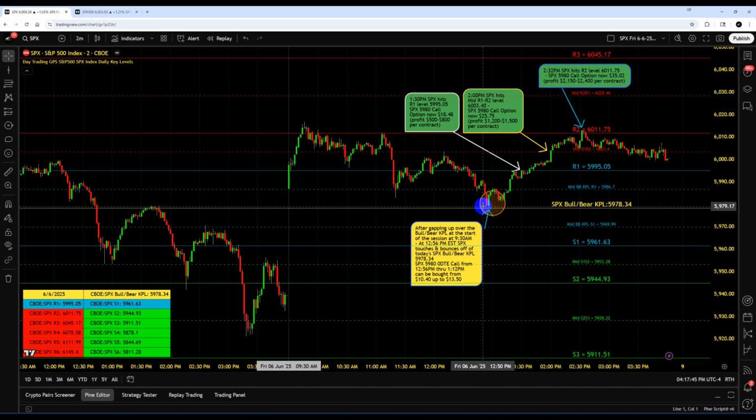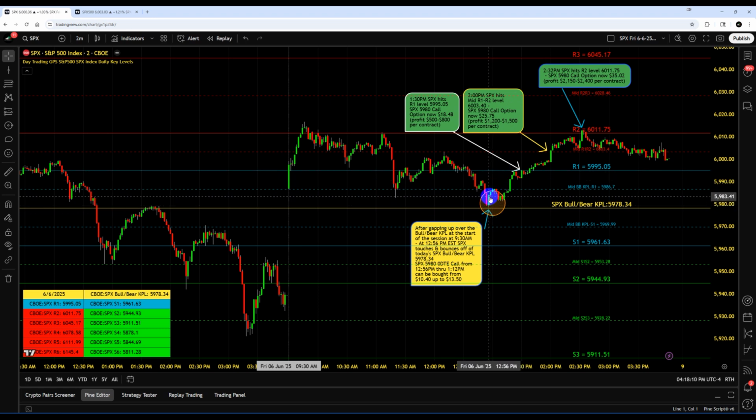So keep in mind that generally we're looking for at least one level move up before we start taking profits. On this entry, if you took it down here closer to the bull bear key price level, then the one level move would be R1.